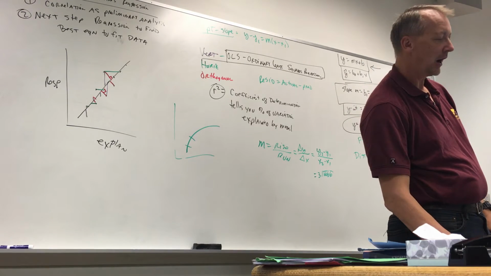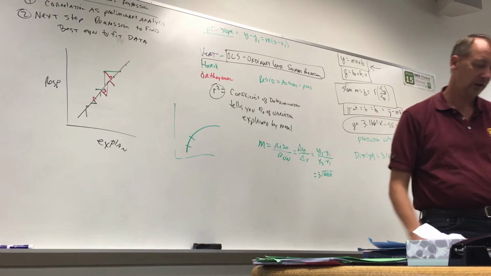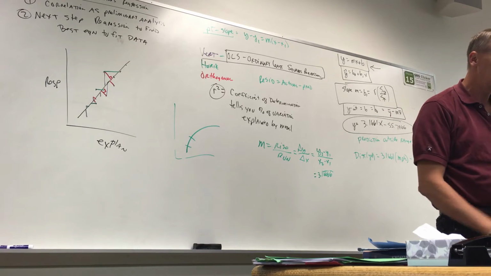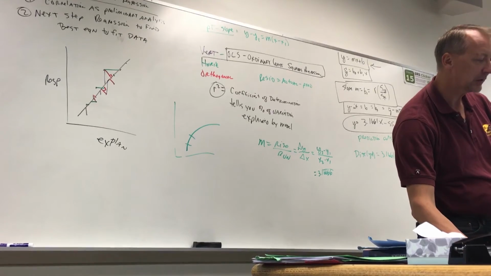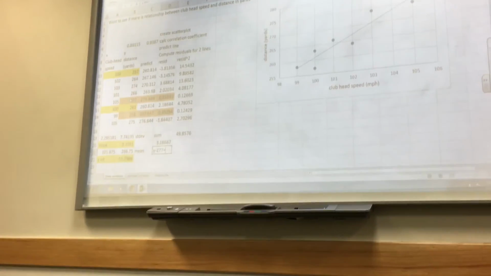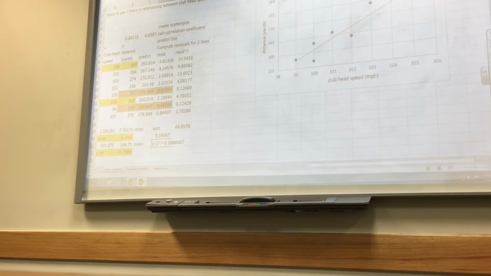Okay, so if I've got a point and a slope, I'm gonna pick any point. So I'm gonna say y minus 277. I'm gonna pick this first point in orange here. Y minus 277 equals m, which in my case is 3.166667, times x minus 105.